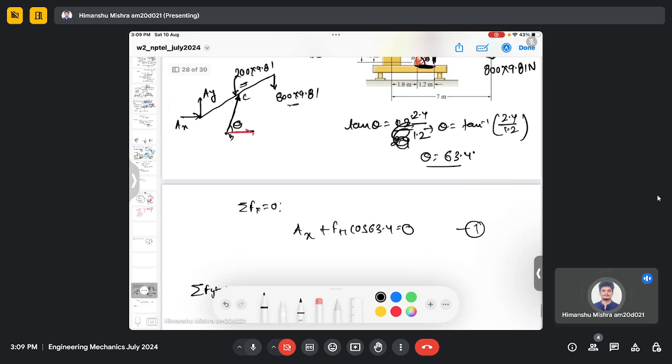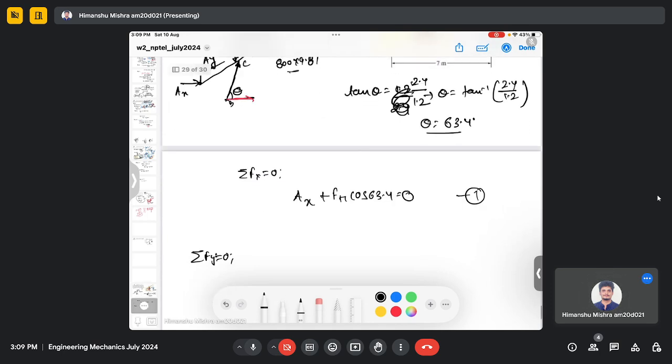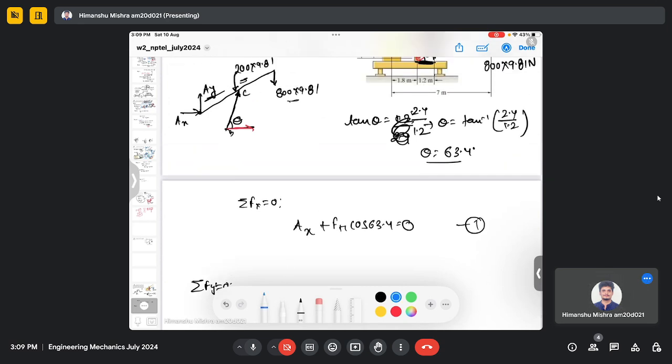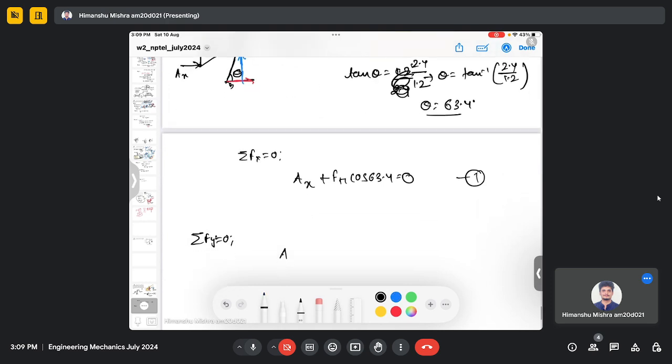Here we have AY and two weights, and also the vertical component of this force. So it will be AY plus Fh sin 63.4 minus 200 multiplied by 9.81 minus 800 multiplied by 9.81 equals 0.